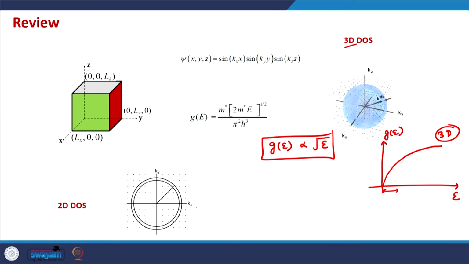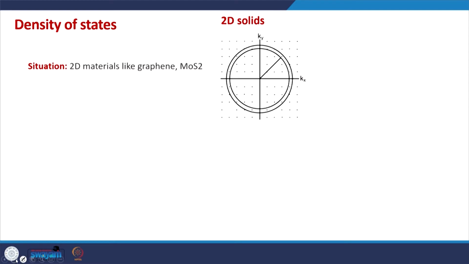Here we only have two directions in which we need to solve the Schrodinger equation, and the solution of the electronic wave function in 2D solids turns out to be A sin(kx x) sin(ky y), and these kx and ky values are discrete values. As we saw, in order to find out the density of states, we need to calculate the allowed electronic states, and that we do in K space.